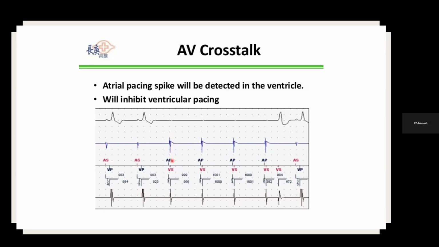So this is an example of oversensing because there is no ventricular activity, but it is still sensing something going on in the ventricle. Sorry, it's sensing what's going on in the atrium as if it's going on in the ventricle and refusing to pace. So this patient will have asystole and probably go into cardiac arrest. So this is what happens when you oversense. When you oversense, you end up under pacing.